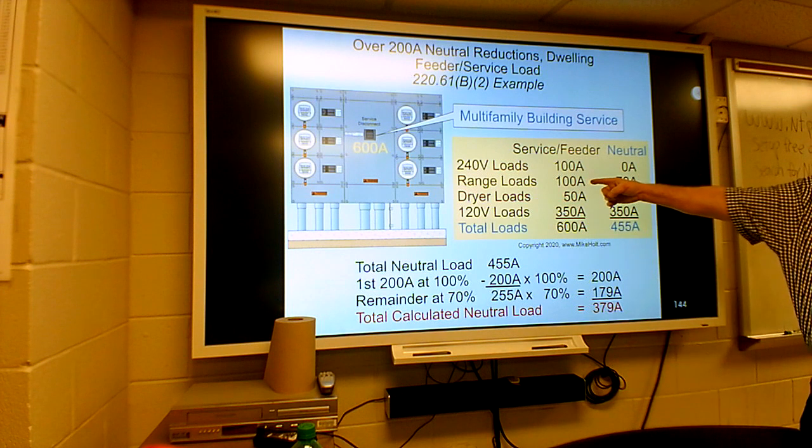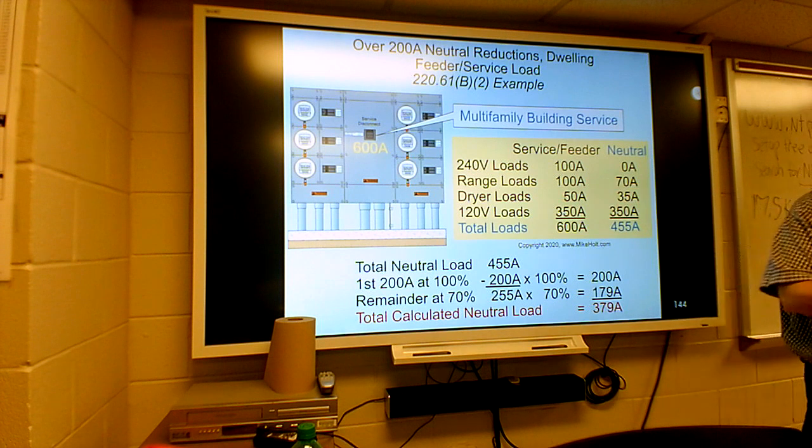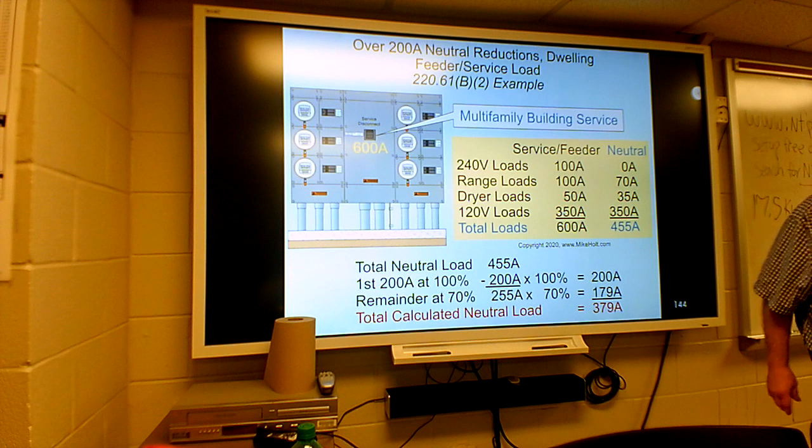On the range, yeah, because the range evidently is using some neutral current for the controls on the range, you know what I mean? For the display and the controls for the range. It does have some neutral current in there.